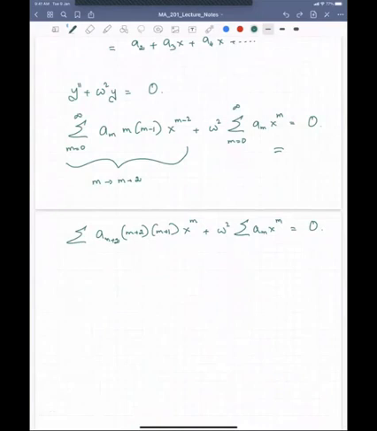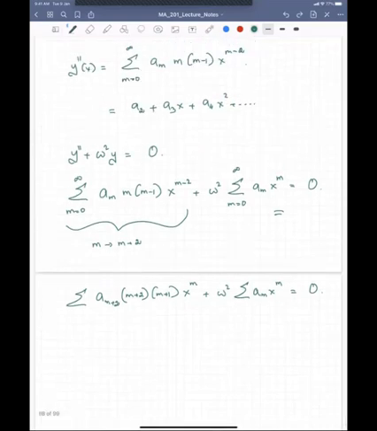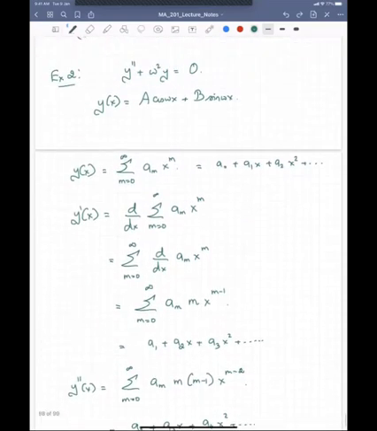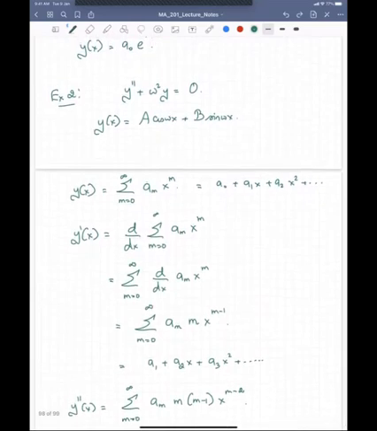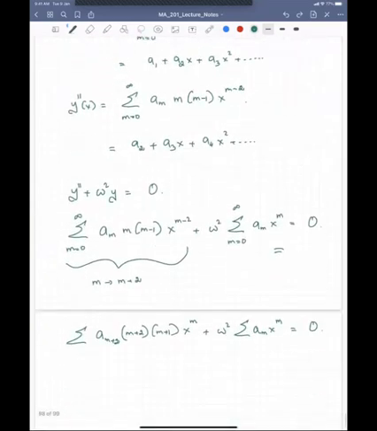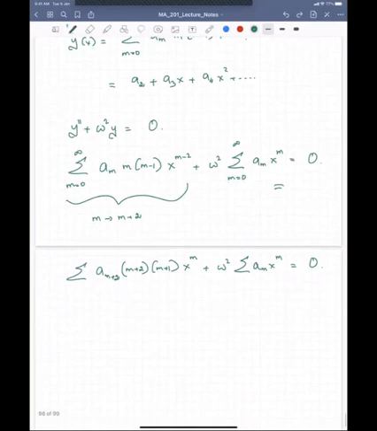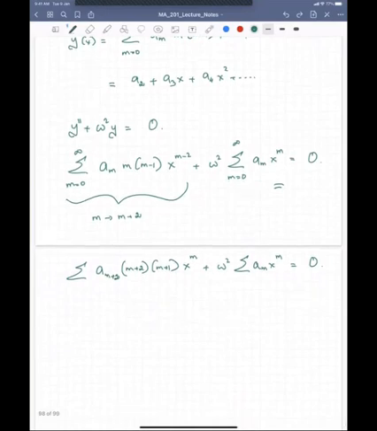Again, when it comes to variable coefficients, you should always try to get the equation such that something times x to the m is equal to 0. For example, you can also have a y prime term in the differential equation. In this example, we do not. But since we have variable coefficients, it can also be multiplied by some power of x, like x cubed or x to the 4th. So how you adjust this series will become important. In this case, what works is the substitution m goes to m plus 2.